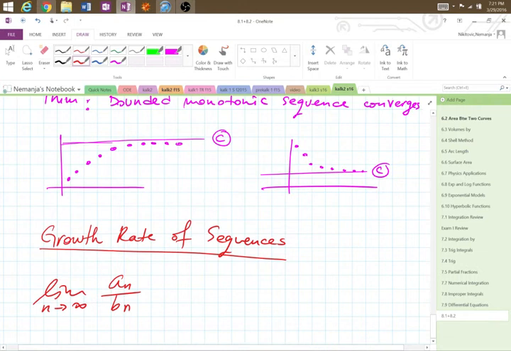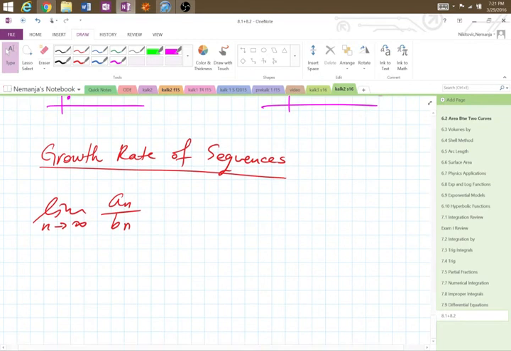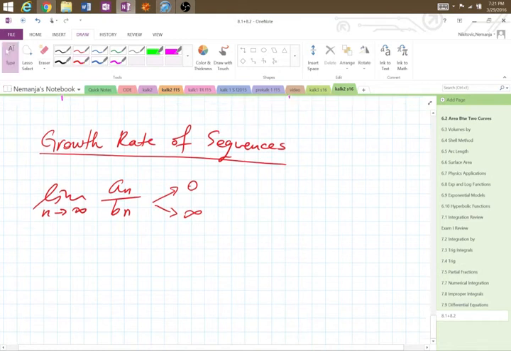And that could work out to be 0 or infinity. The only way to get an actual number like 5 is if an and bn are functions of the same order. And we'll have a whole spiel on that later.